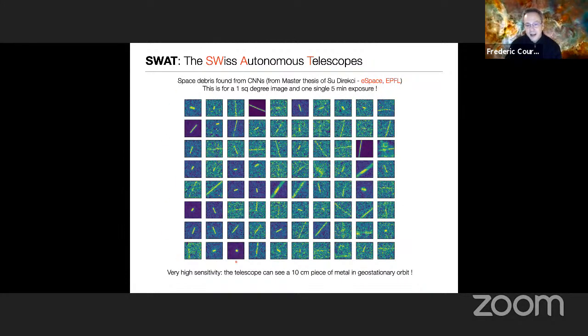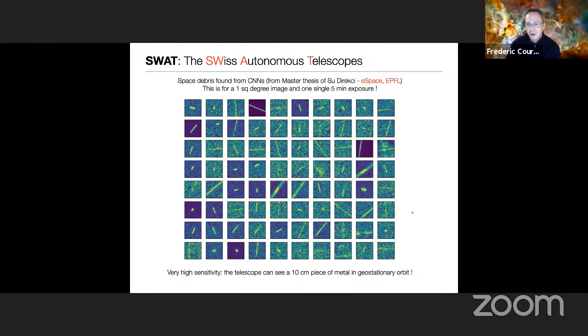So that is what we find in terms of space junk on such an image in one single shot. And the telescope is sensitive, like LSST, to a 10 centimeter piece of metal in geo orbit. And that's before massive constellations of satellites have been launched.